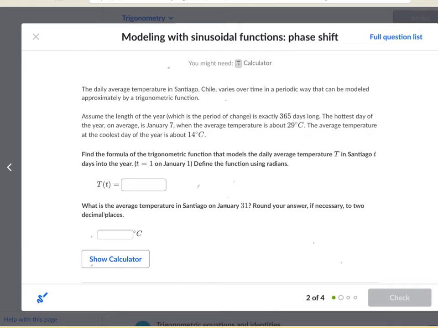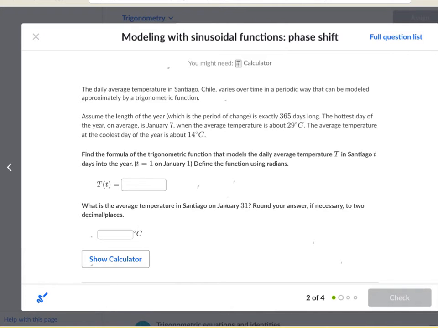If it's 21.5 and the high is 29, that gives an amplitude of A equals, let's do the math on this real quick, 7.5, right? Because 7.5 plus 21.5 would be 29. Okay, so we got our A.